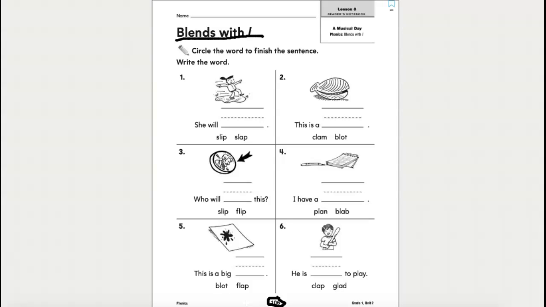Circle the word and write it in the blank. And number 6, we see a picture of a boy with a bat. Our sentence says, he is blank to play. Would we say he is clap to play or he is glad to play? Circle the word, then write the word in the blank.